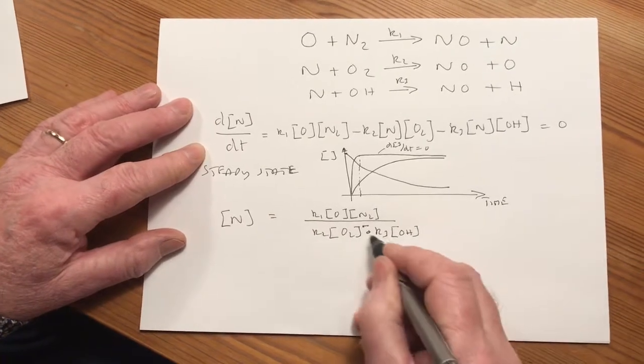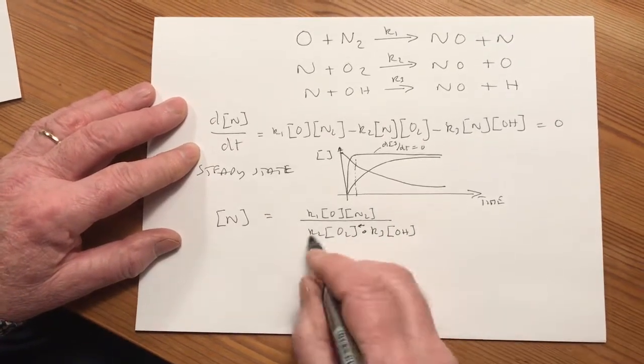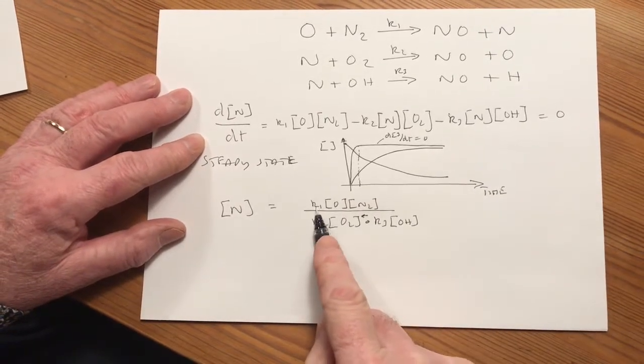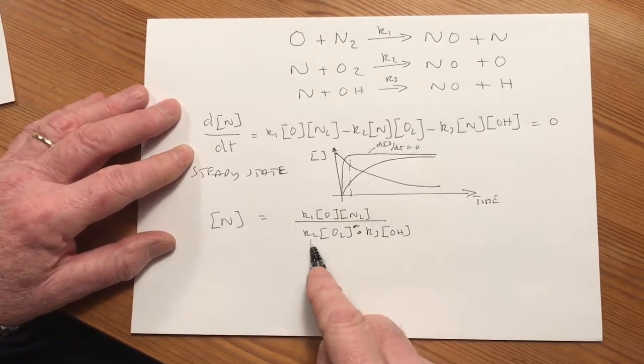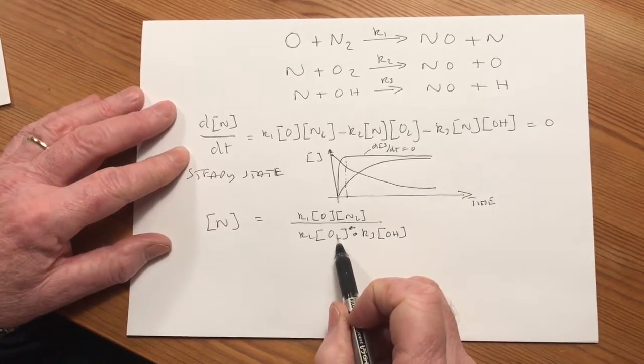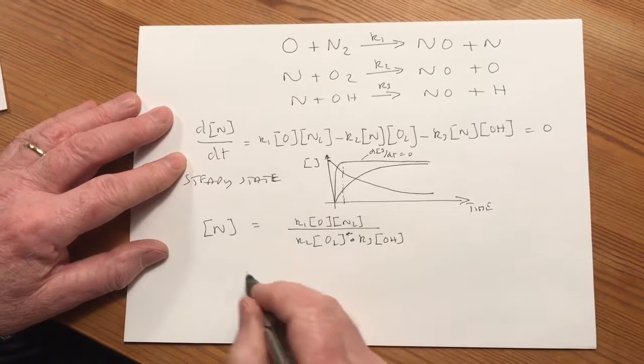Now, this is just a simplified expression for the concentration of N. You can see it only involves K1 and K2.